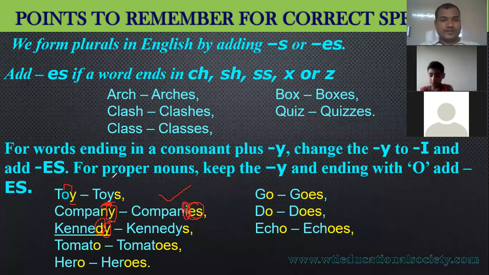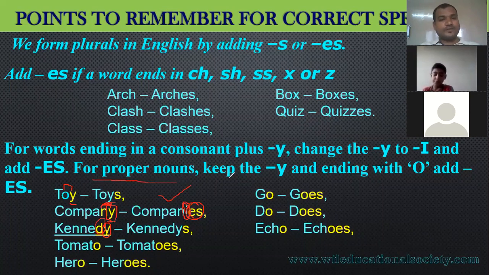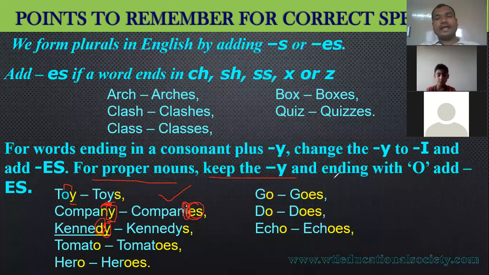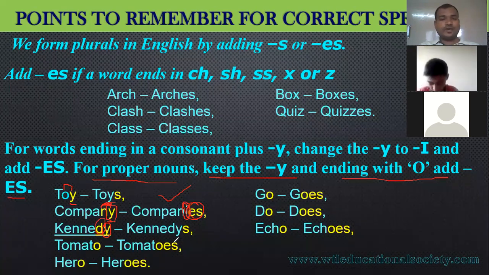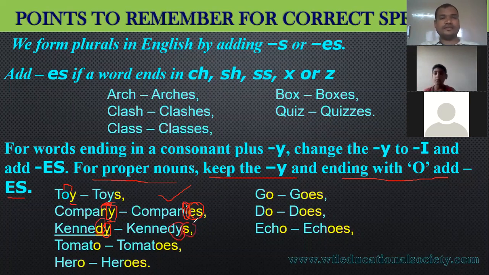But if you observe the second point of this same rule, for proper nouns, keep the Y, and for endings in O, add ES. Kennedy is a proper noun, so we cannot change it. We have to keep the Y as usual and then just add S. Got it?